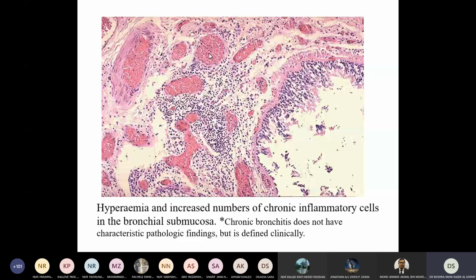If you remember the process of inflammation, we have dilated congested blood vessels because there is recruitment of the cells from the blood to the site of inflammation, isn't it? And also chemoattractants from the smoking came. So a lot of inflammatory cells are there, chronic inflammatory cells like lymphocytes, macrophages, and you can also see neutrophils.